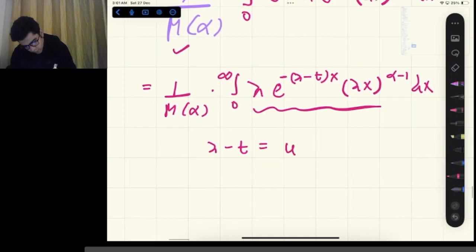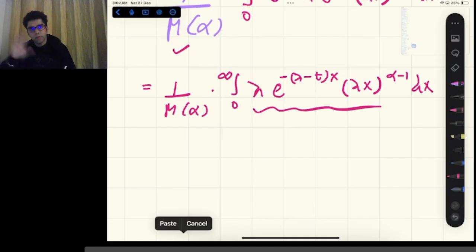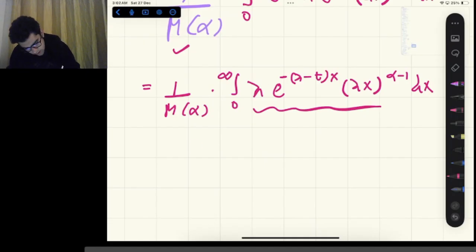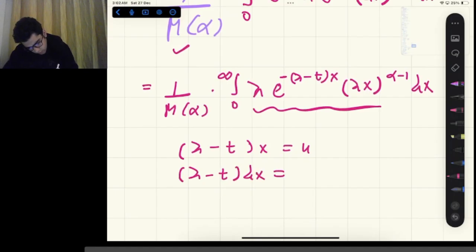Lambda minus t x is equal to u. Now my variable has changed, because earlier we didn't have t in our original integral. That is why we were assuming lambda x is equal to t as any variable, but right now I have t already present in my integral, so for substitution I'll take some other variable u. So lambda minus t x is equal to u, so lambda minus t dx is equal to du.